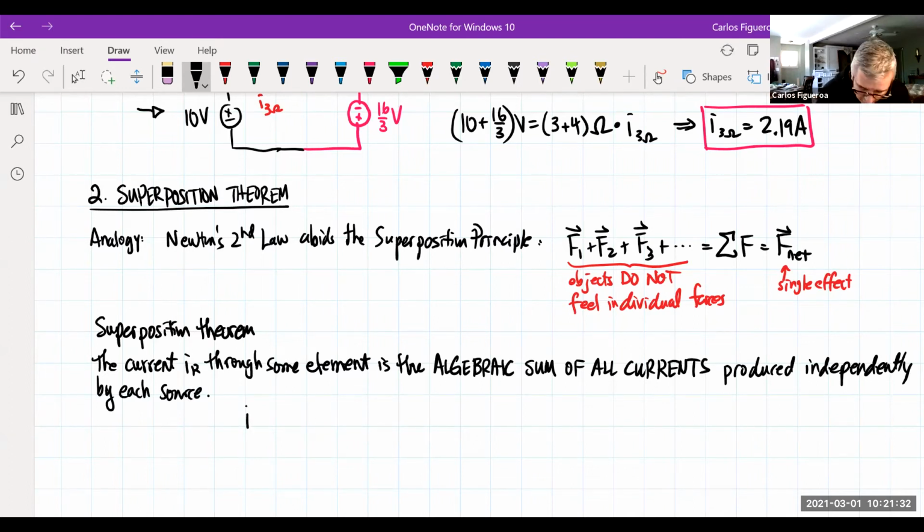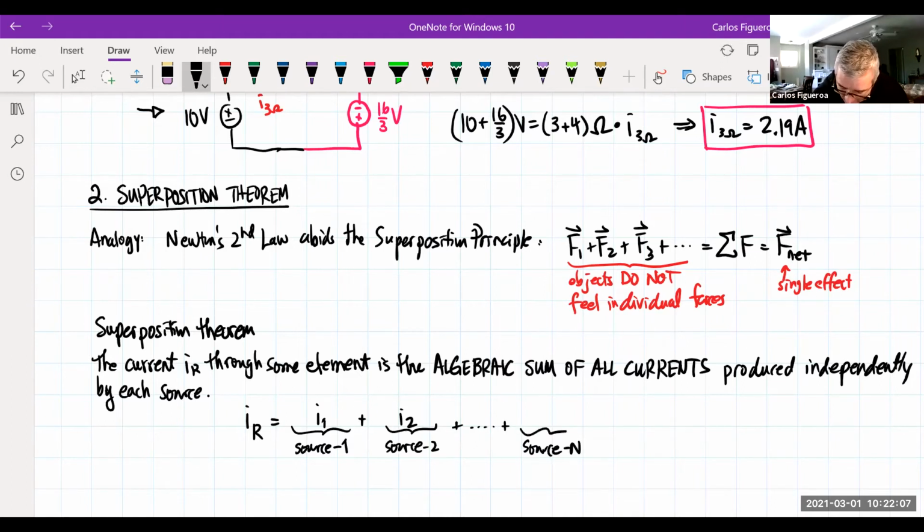In other words, if I want the current to cross, let's say, some resistor, then source 1 produces a particular current, which is called I1. And then I have source 2, it also produces a particular current. And depending on how many sources I have, each source is responsible for producing a current through that element.